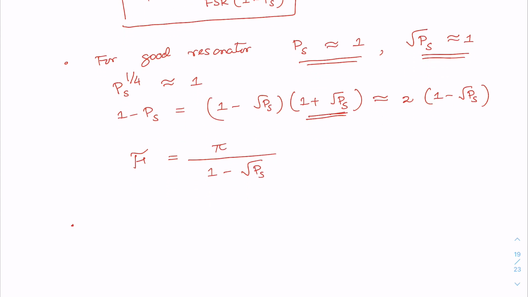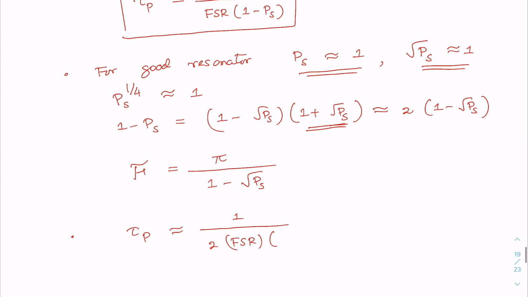And ultimately I can express the photon lifetime in terms of finesse. That would be 1 divided by 2 into free spectral range into 1 minus square root of PS, and this I can further write as finesse divided by 2 pi into free spectral range.